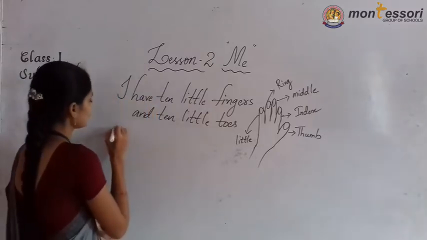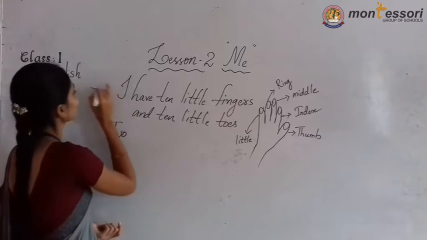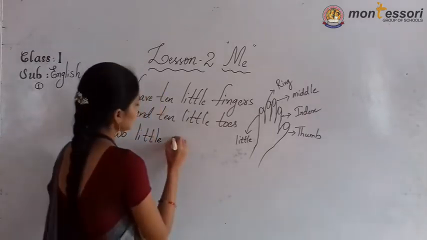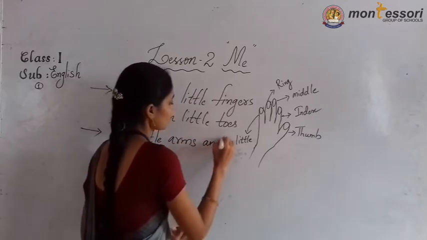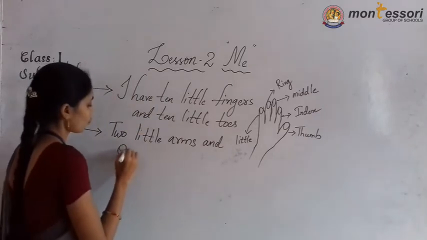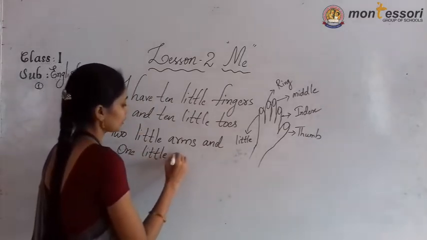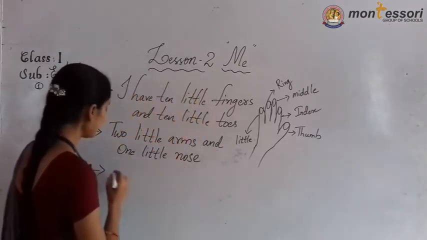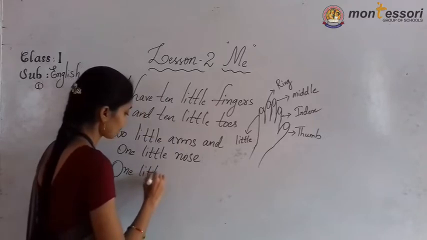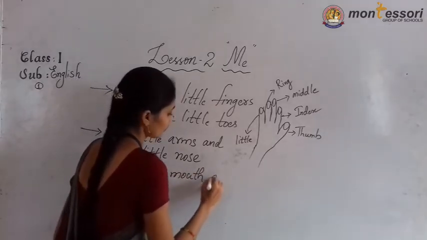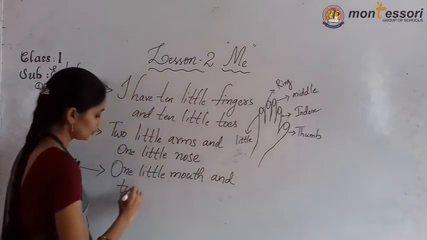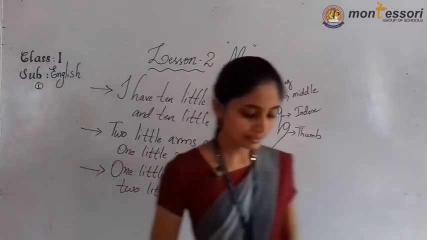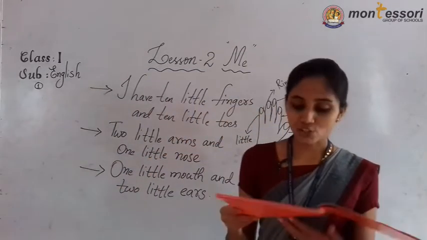Next, 2 little arms and 1 little nose. Next, 1 little mouth and 2 little ears.